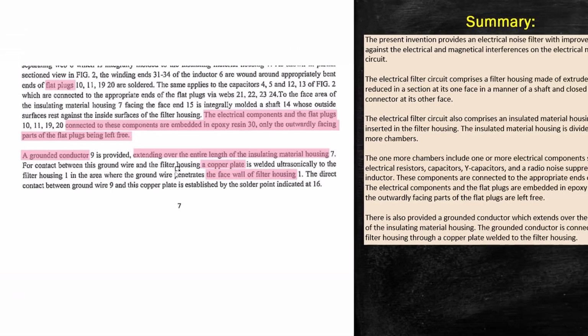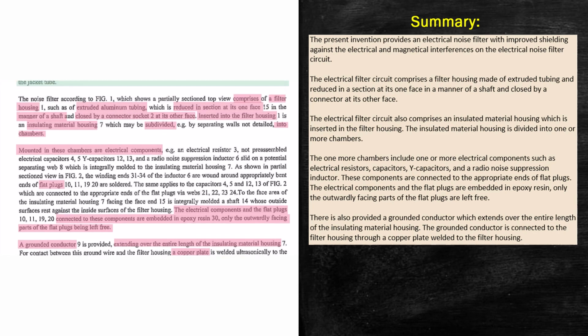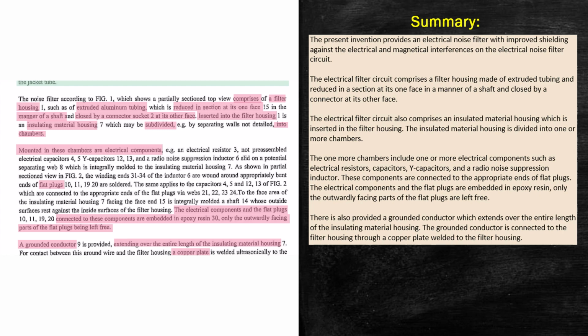So with this, if we are able to create a few sentences out of this relevant portion of the disclosure, we would be able to come up with the summary.